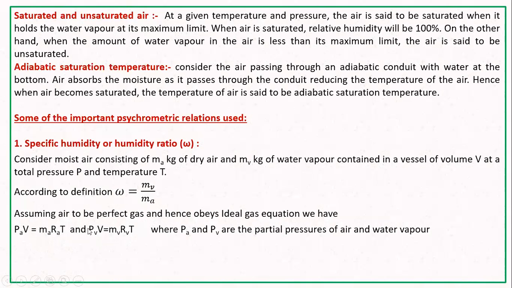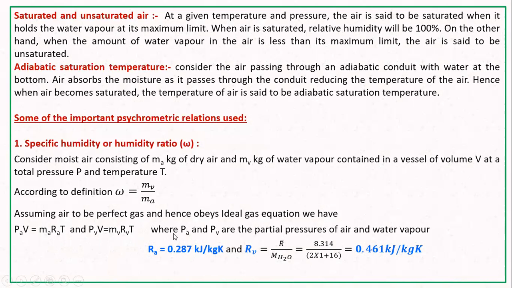And again for the water vapor, it will be PV V is equal to MV RV T. PV is nothing but the partial pressure of the vapor. Again, that vapor occupies the complete volume and it will be at the same temperature T. And MV is the mass of the vapor and RV is the gas constant of the vapor.